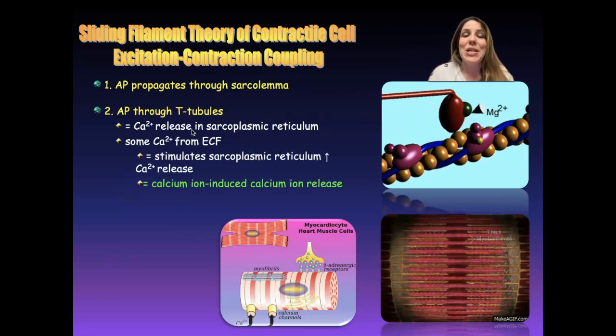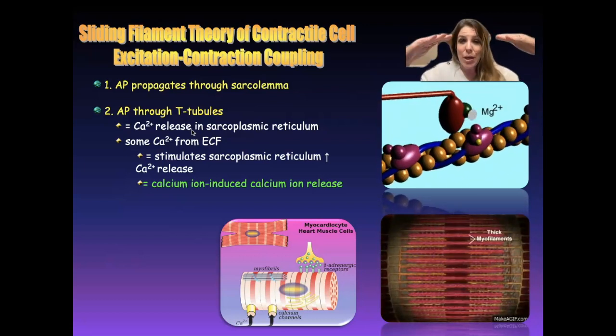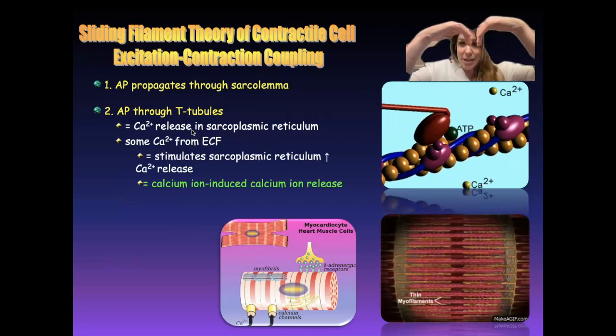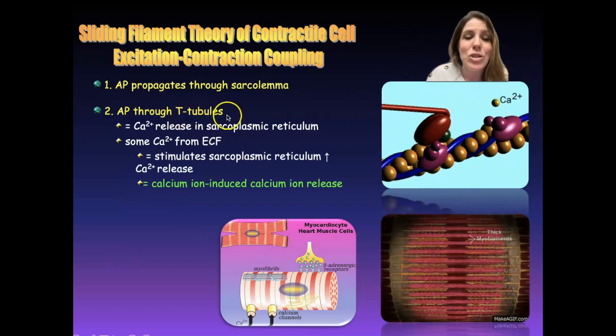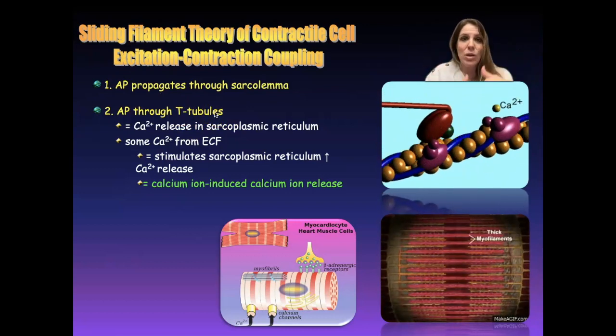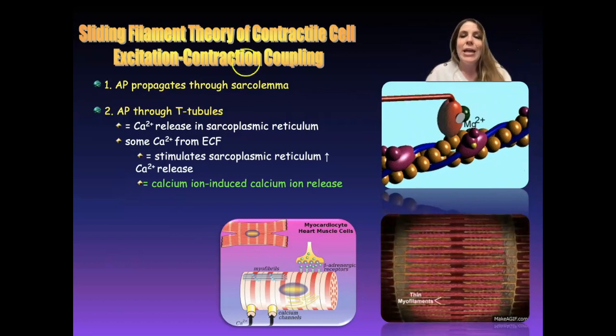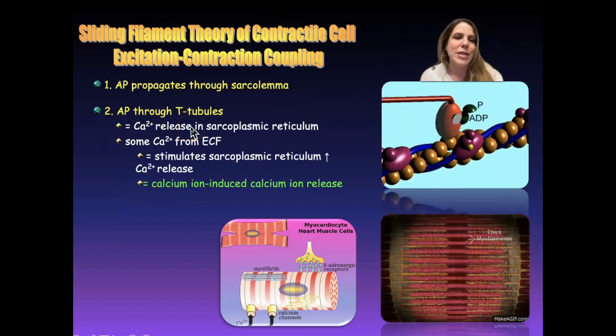Now, also like with skeletal muscles, once that action potential starts going through the sarcolemma, that sarcolemma kind of dives down, forming a T shape, and we call that a T-tubule. So that action potential is going to go down that T-tubule, and you might recall that calcium comes into play during this process.